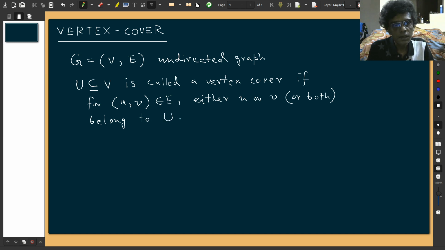So it's essentially a subset of vertices that covers all possible edges in E.